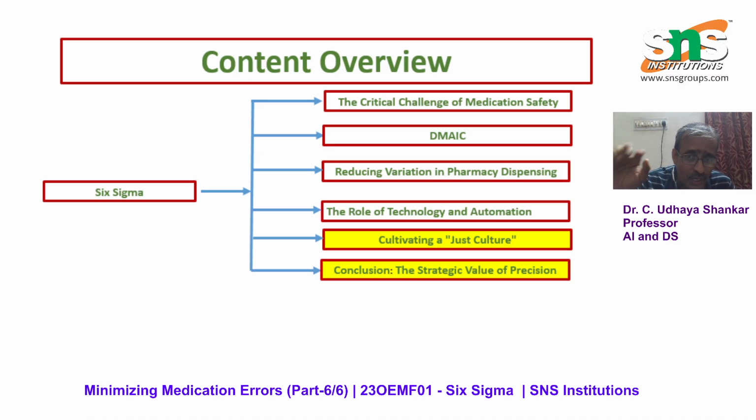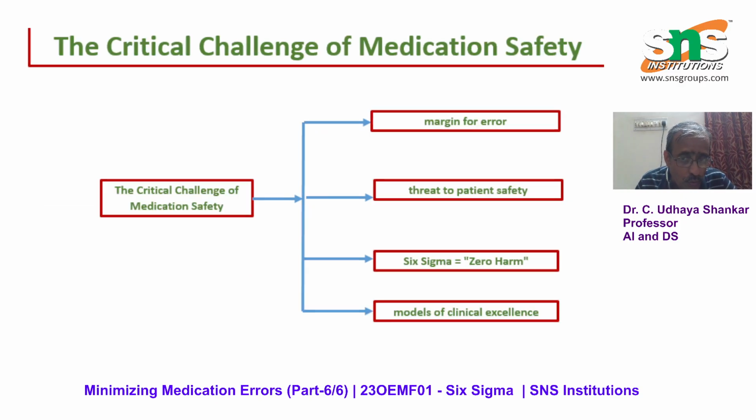DMAIC has been discussed, and also reducing the variation in pharmacy dispensing. The role of technology and automation has been discussed, and in this video, we will be discussing cultivating a just culture. Finally, we will conclude this entire series with the strategic value of precision. So in the last video of this series, we'll be discussing cultivating a just culture. Let us go into today's discussion.